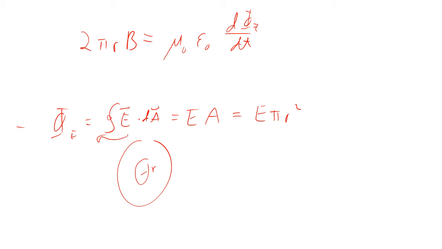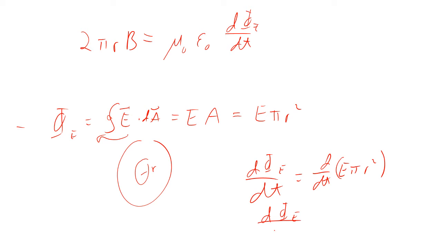So the derivative of the electric flux is the derivative of E pi r squared. Pi is a constant, and r, we're always the same distance from the center, so that all comes out. The derivative is pi r squared times the derivative of E.